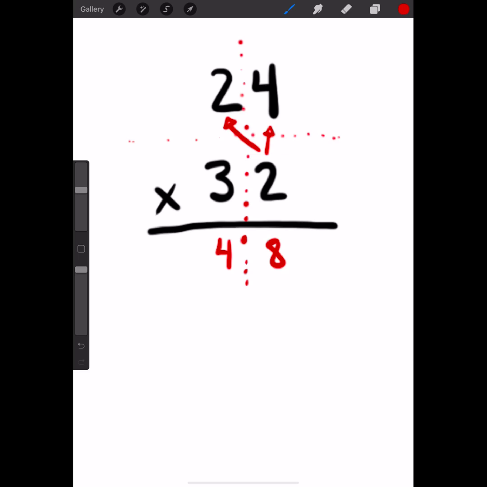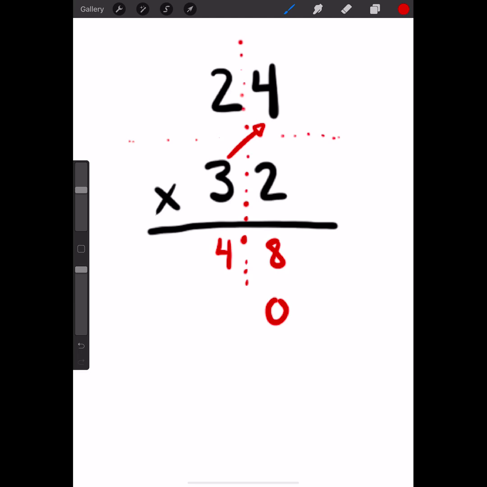Now, this is the important step that we really need to remember. As I move over to start multiplying my 3, I know that I need to add a 0 here because now I'm actually multiplying from the tens place. So, I know that 3 times 4 is 12.